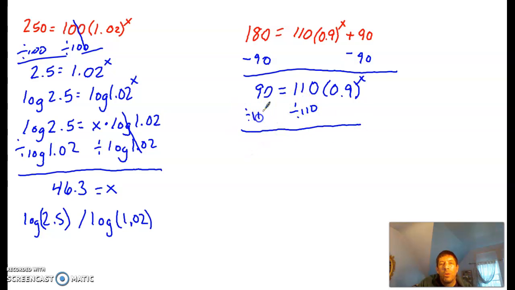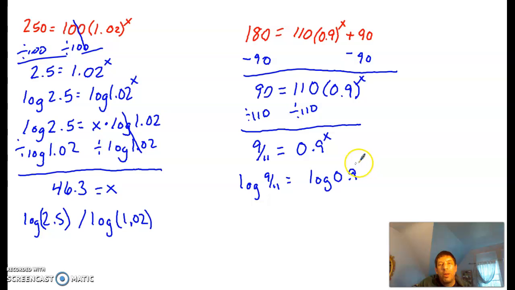Okay. 90 divided by 110, I'm just going to leave that as 9 over 11 for right now, equals 0.9 to the x. Again, we've got an x in our exponent. We want to get it down. We have to use logs. Log of 9/11 equals log of 0.9 to the x, but I'm going to take that x right away and move it down in front of the log.